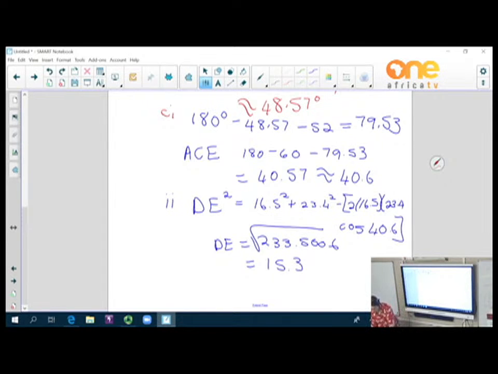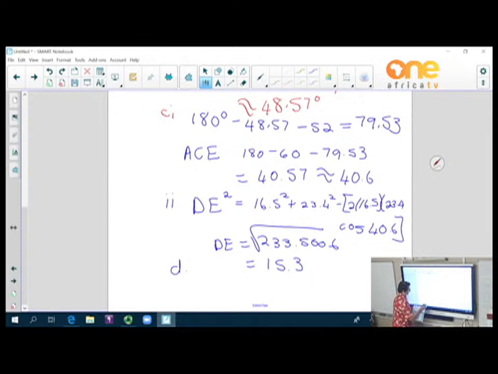And then the last question is now a question on the area. We're working there with the area. Calculate number D, then calculate the area of the quadrilateral ABDE. That means you're going to have to calculate the area of each one.